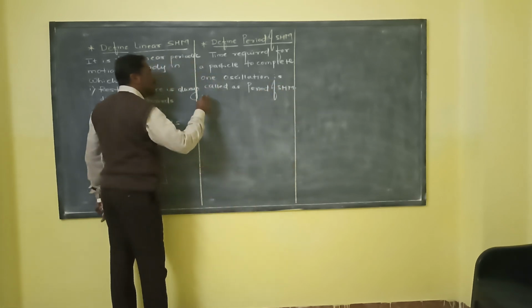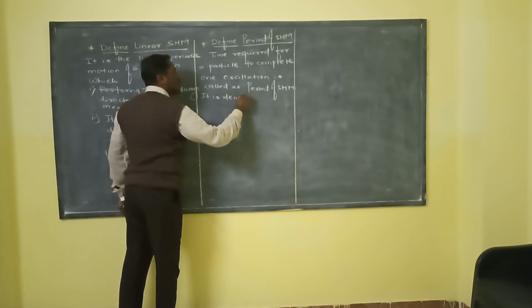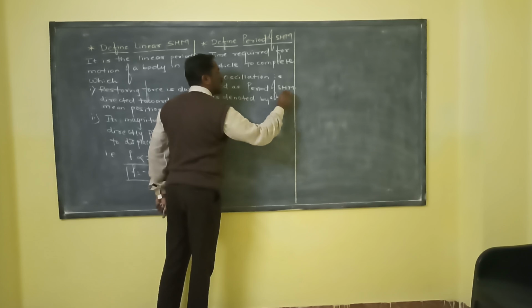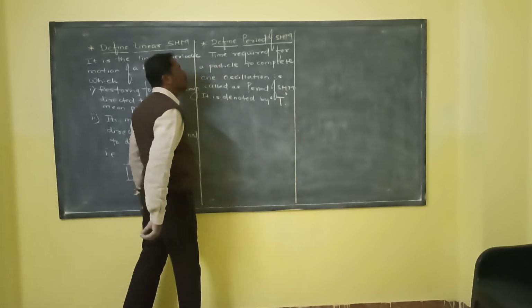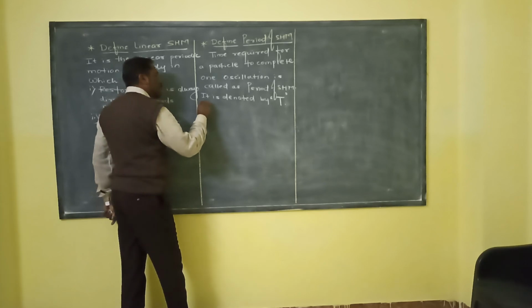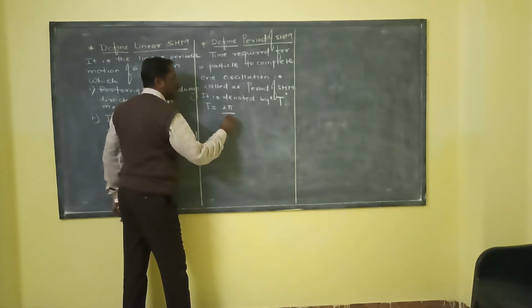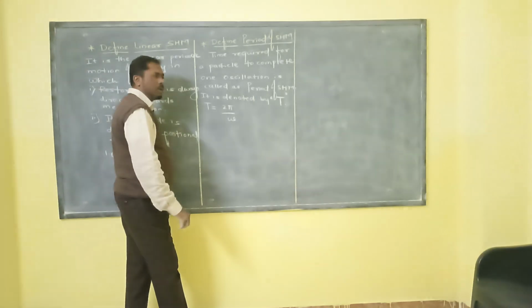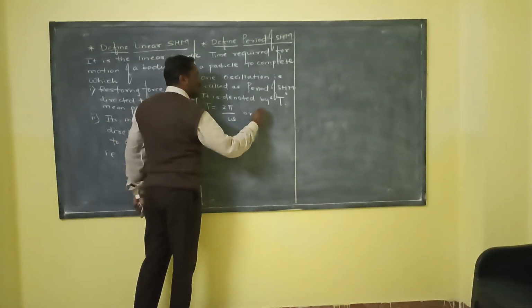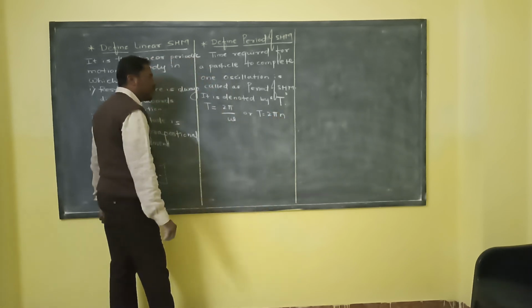It is denoted by capital T. Mathematically, T is equal to 2 pi upon omega, or sometimes T is equal to 2 pi n.